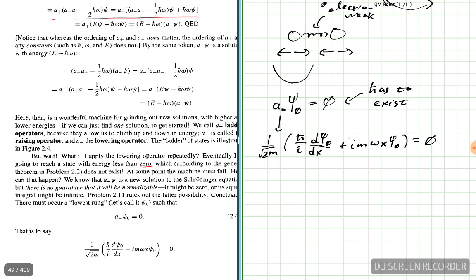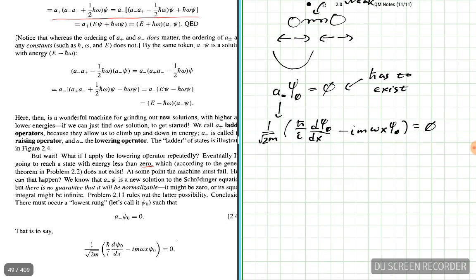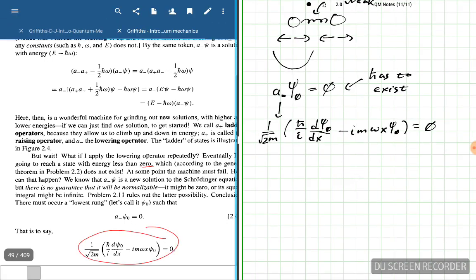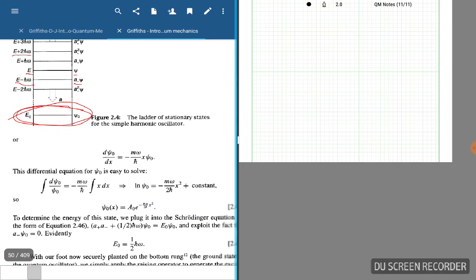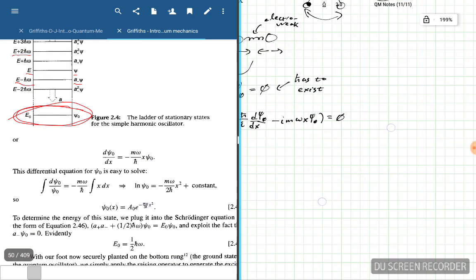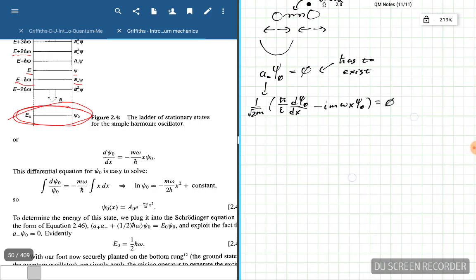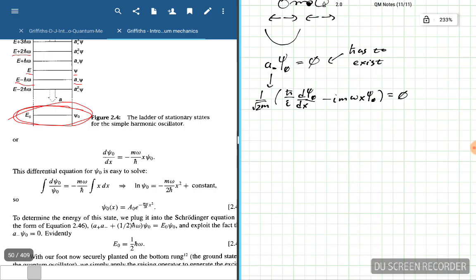Whoops, sorry, this was the lowering operator, so that is a negative sign. There we go. Now we're going to go ahead and solve that. This is like the one time that Griffiths is explicit in solving a differential equation, but we're going to go through it too because it's very handy.